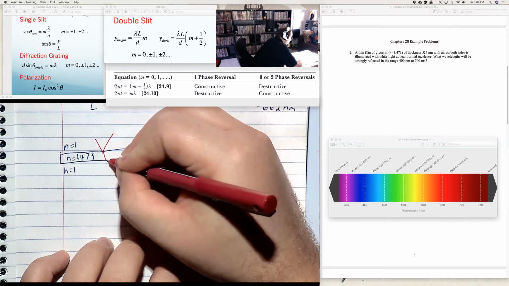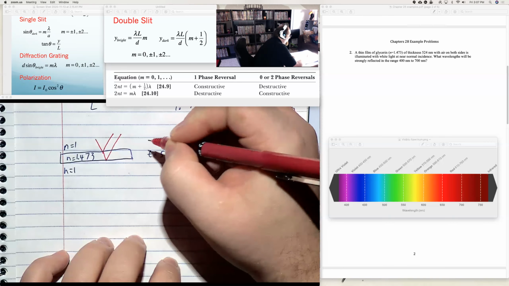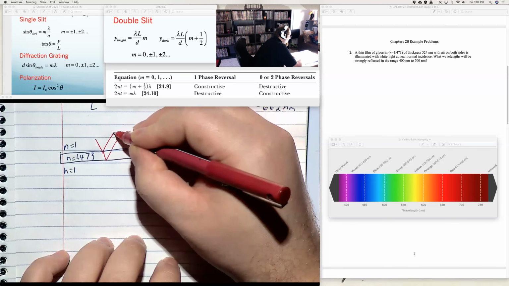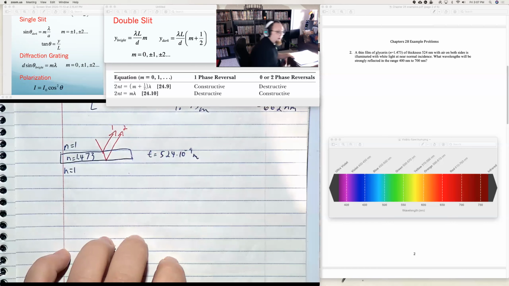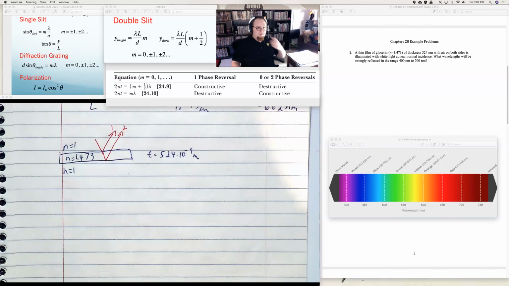But once it refracts to the other side, there again, some will reflect. And so I'm going to look at the change between what I'm calling ray 1 and 2 here. Now, I need to think of how many phase reversals they have. A phase reversal happens... I've got to make sure I don't do this backwards. This is one of the things that I always need to double check.